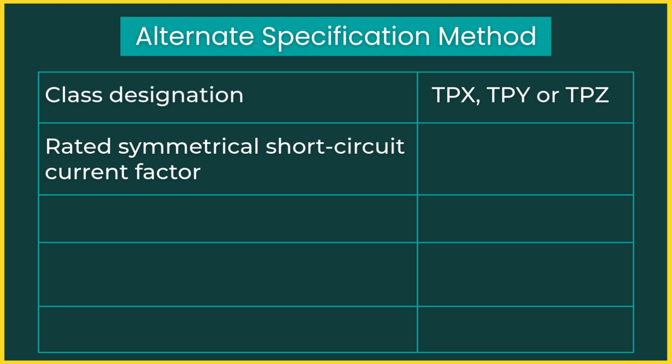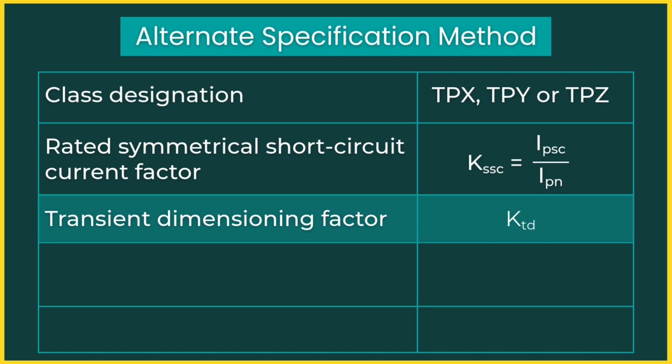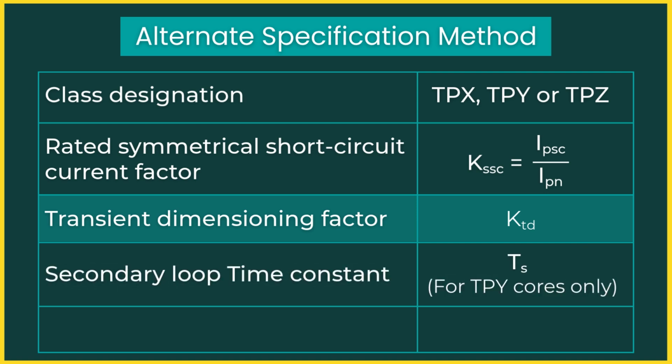The rated symmetrical short circuit current factor, KSSC. The transient dimensioning factor, KTD. And to know how to calculate KTD, please watch the previous video in this series, where we explained it in detail. The secondary loop time constant, TS. It is needed for TPY cores only. And the rated resistive burden.